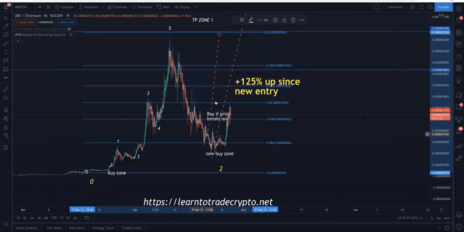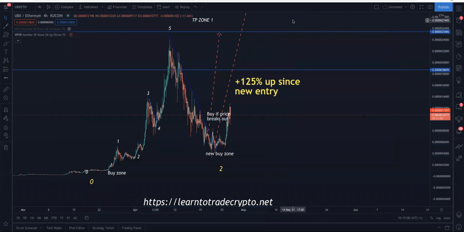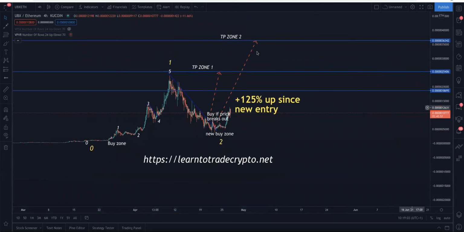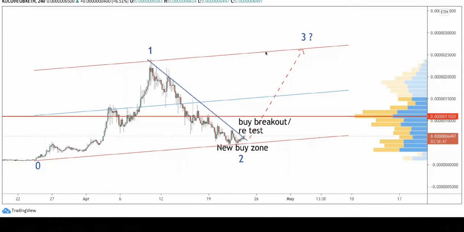So in trying to project the possible path of where the likely wave 3 is going to be, like I'm querying here, what I used was the distance of 0 to 1, because basically wave 3 is not the shortest wave. It is usually longer than wave 1.